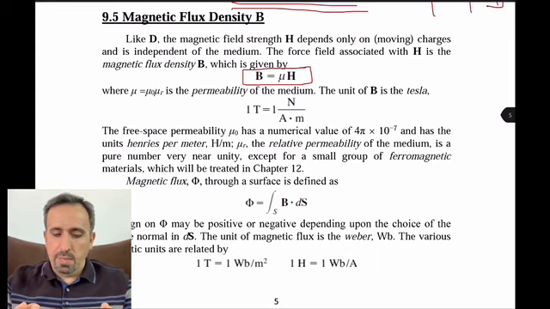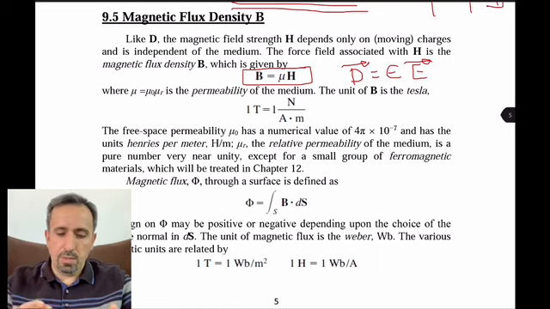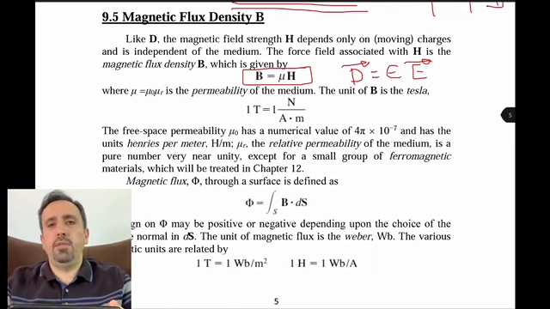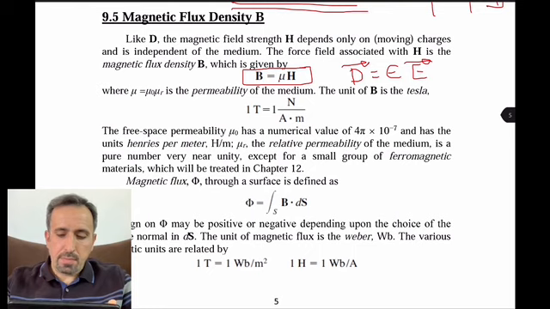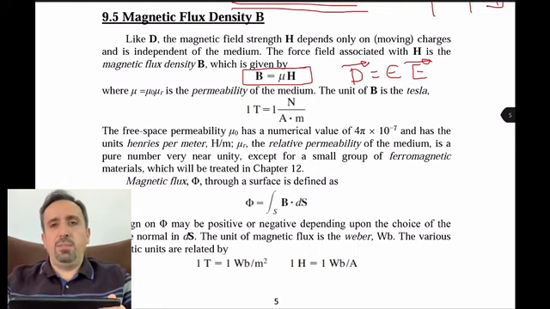If I make an analogy between them, in electricity you have D equal to epsilon E, okay? Both are vectors, and also here both are vectors. So, as previously talked about, permeability will be just like permittivity.